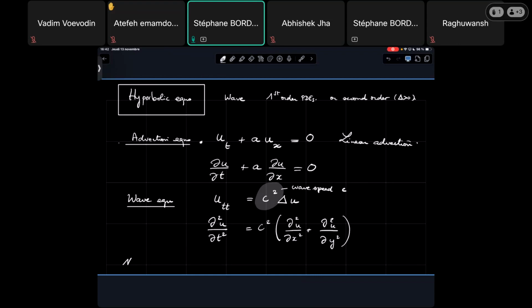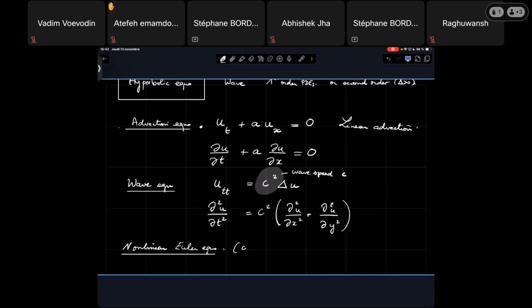So for hyperbolic equations, on the other hand, by the way, there are other applications before I move to the rest. So non-linear Euler equations is another application, which in other words is compressible flow.